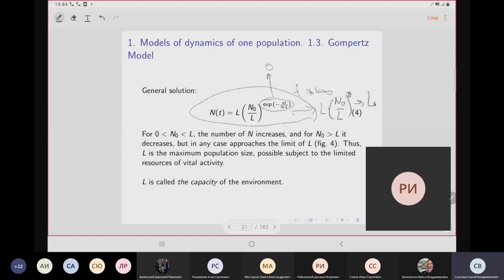So for any positive a and L greater than 1, the solutions are going to L.